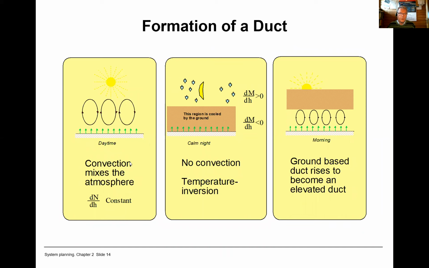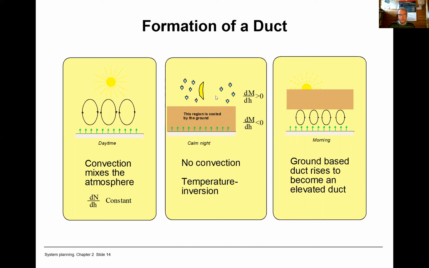And how does a duct come to life? Well, during the day, the sun will warm the ground, and the air will start to do convection. The ground heats up the air, and warm air goes up and cold air comes down, and you create a well-mixed atmosphere during the daytime. In the night, for instance, here you have a cold night, the moon is up, you see some stars, etc. The ground will cool this region, and you will have temperature inversion.